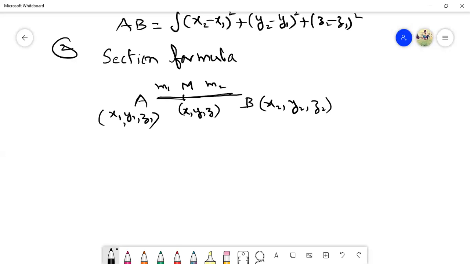So therefore, it is dividing internally in the ratio of m1 is to m2.